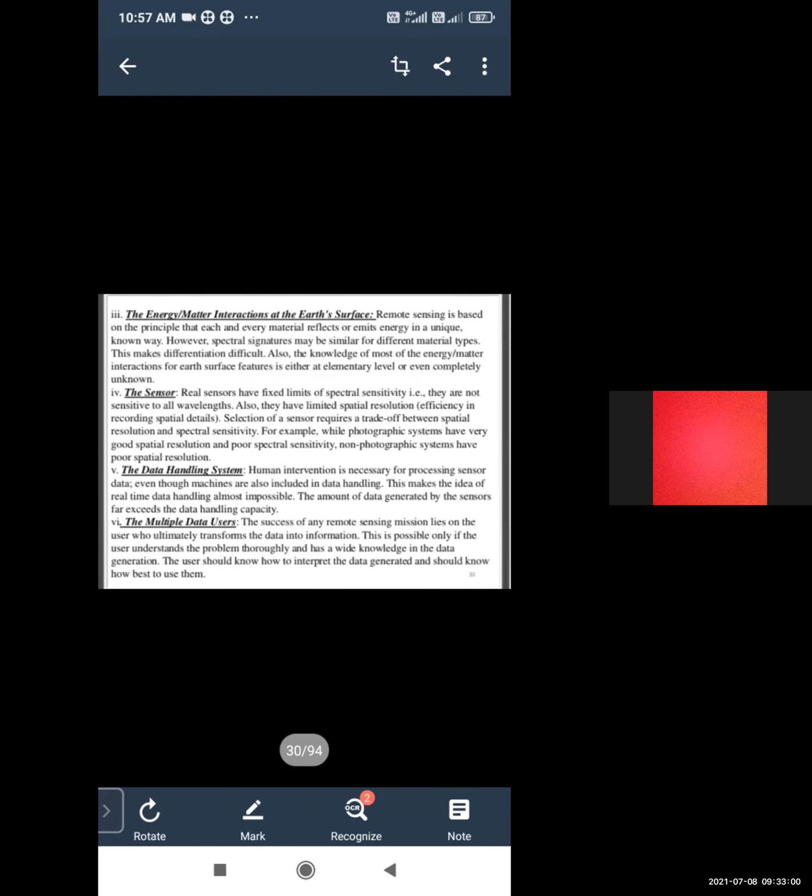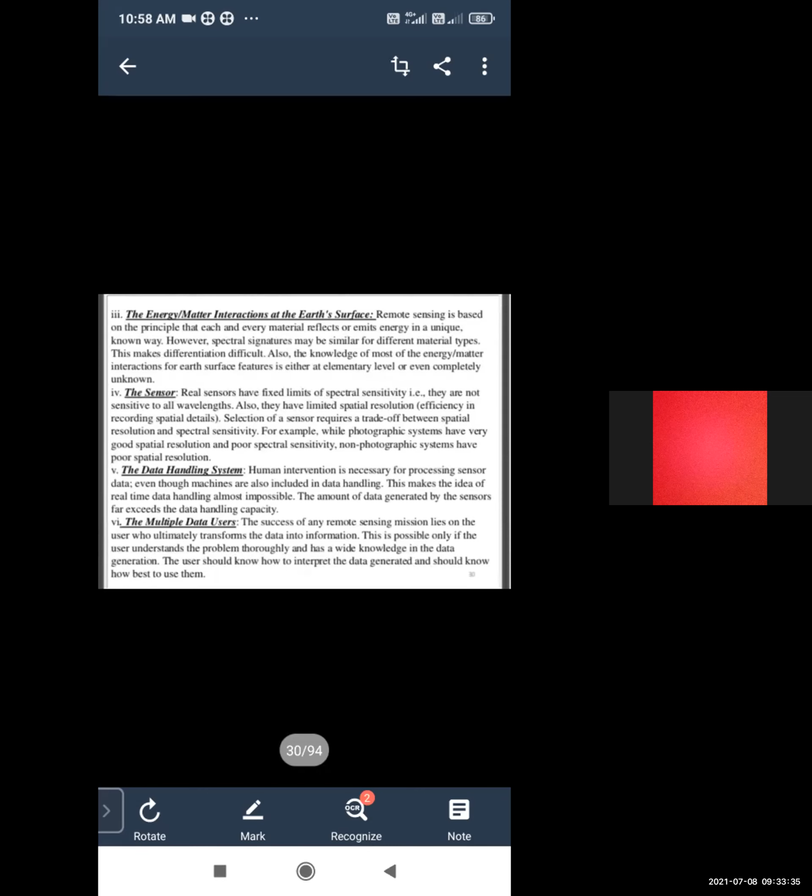Next is the energy matter interaction at the Earth surface. In actual condition, remote sensing is based on the principle that each and every material reflects or emits energy in a unique known way. However, a spectral signature may be similar for different material types, and this makes differentiation difficult. Also, the knowledge of most energy and matter interaction for Earth surface features is either at an elementary level or even completely unknown.